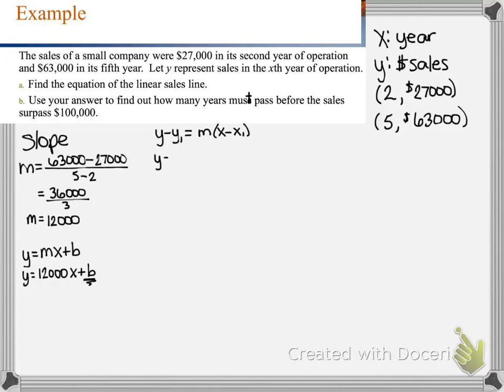So I'm going to do y minus 27,000 equals m, that's 12,000, times x minus x. I need to choose the x that goes with my 27,000, so I'm choosing 2. Alright, from this point I've got everything plugged in, but I need to solve this for y. When you want your final answer, you want it to look like y equals mx plus b. So we're going to start by distributing.